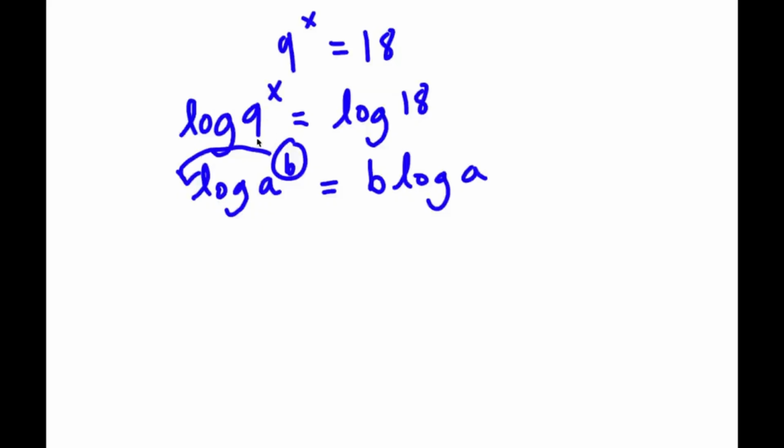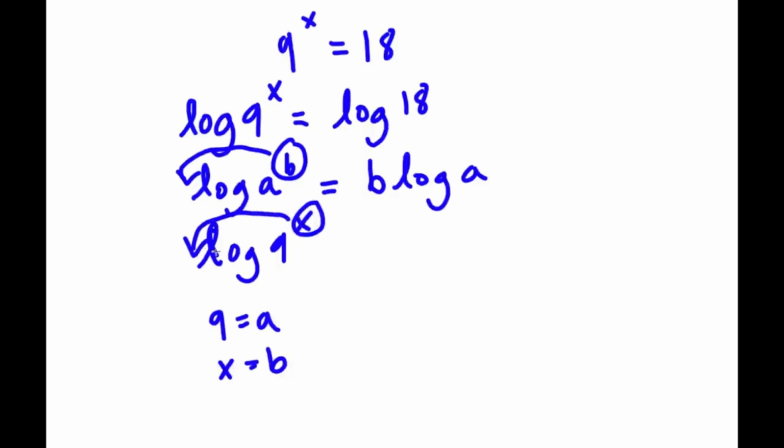So I'm going to use this property on log 9 to the power of x. So we can think of 9 as a and x as b. So I'm going to move our x here to the front of the logarithm. So this is going to equal x times log a.